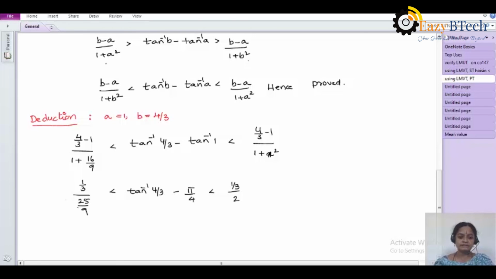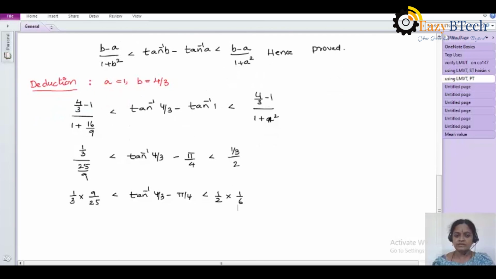Now 1/3 and doing the reciprocal, into 9/25, so 3/25 < tan⁻¹(4/3) - π/4 < (1/2)(1/3), that means 1/6.